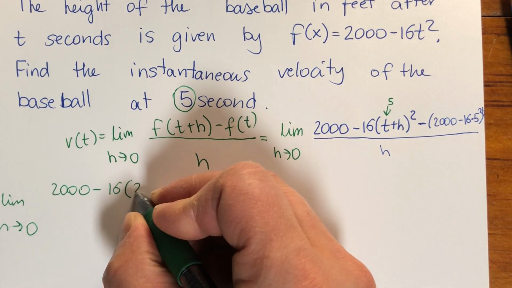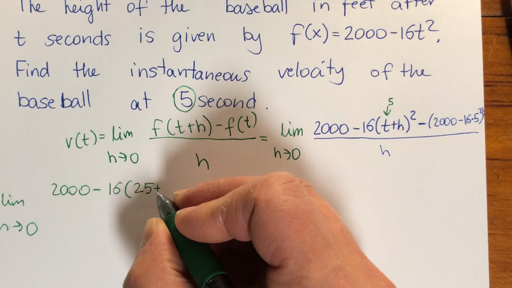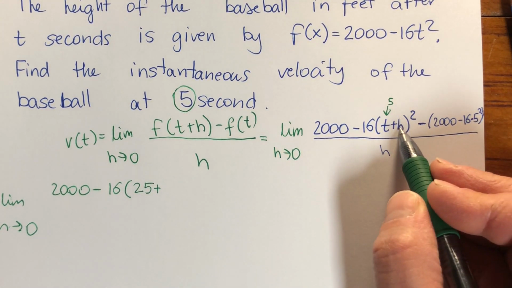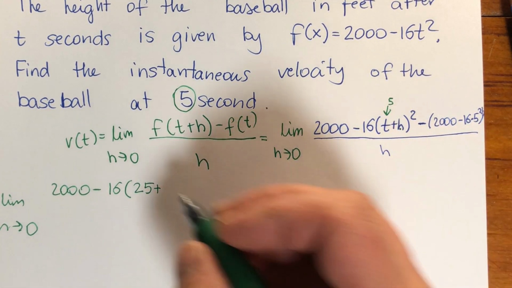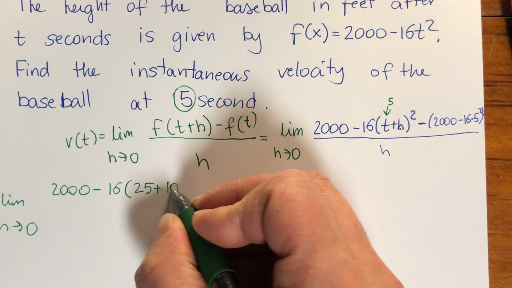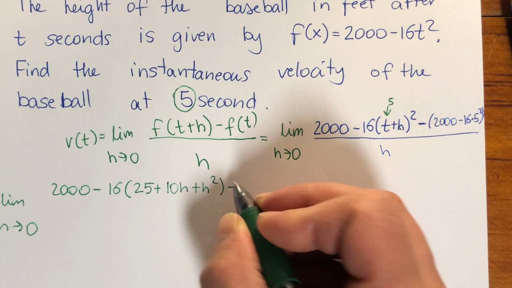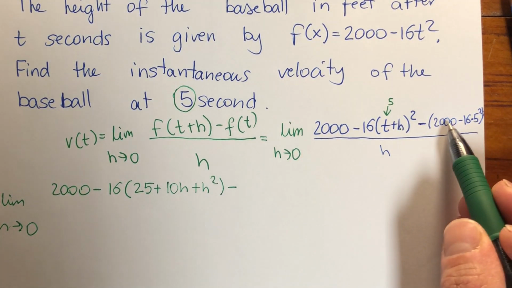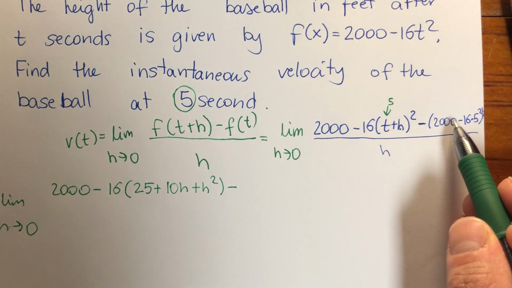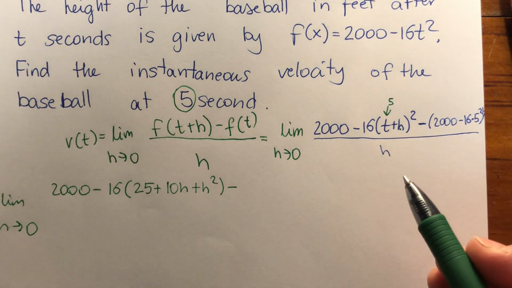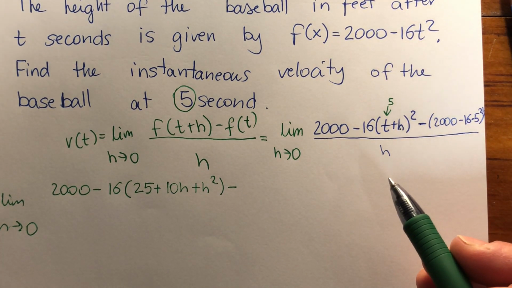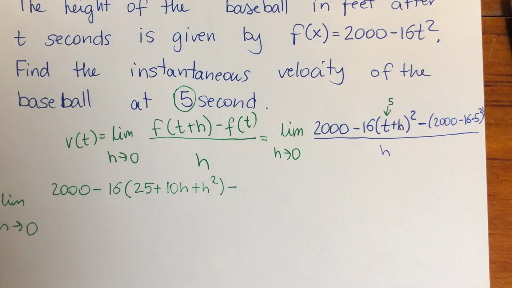So 5 squared is 25, plus 5 times h is 5h, times 2, 10h, plus h squared, minus, and I did this part on the calculator, and that gave me, I think, 1600.